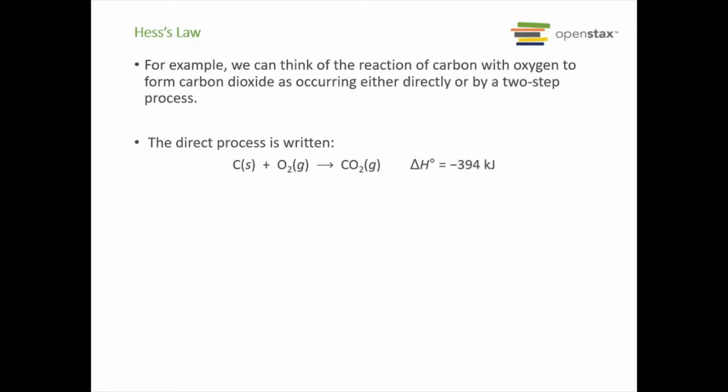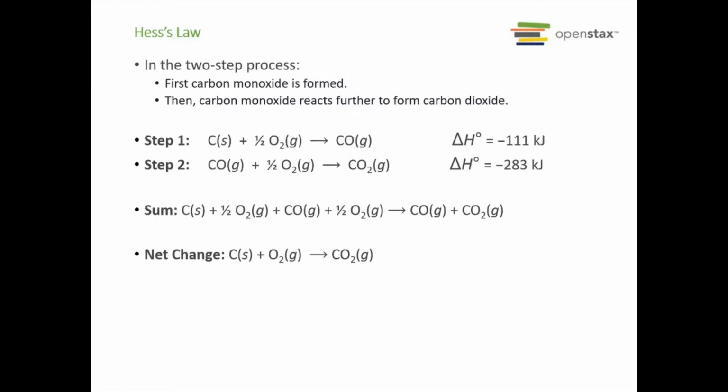So for example, let's say we want to look at the reaction of carbon and oxygen to form carbon dioxide. The direct process is C plus O2 becomes CO2. Delta H is negative 394 kilojoules. But if we want to do this as a two-step process, we could see that carbon and half an oxygen gives us CO, and then that CO and half an oxygen react to form CO2. And if we sum this up, what we find is we have CO on both sides.